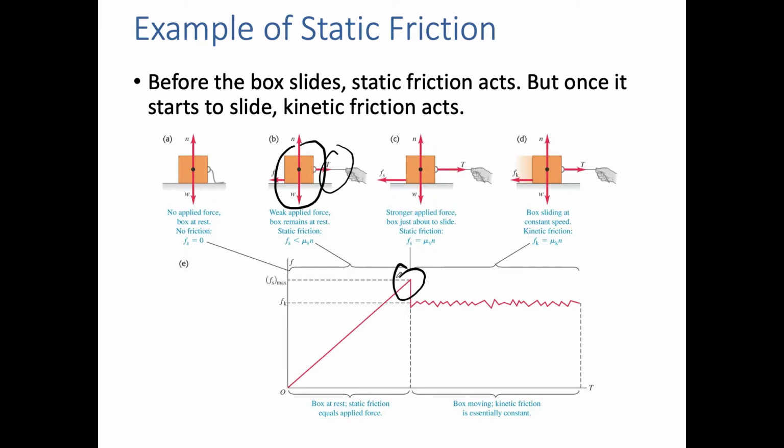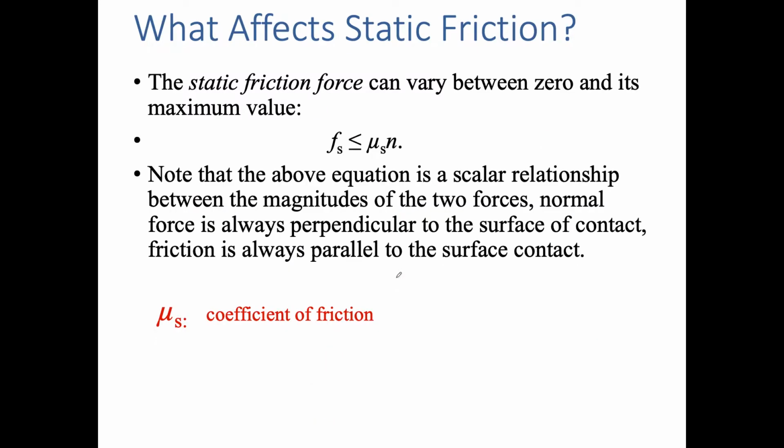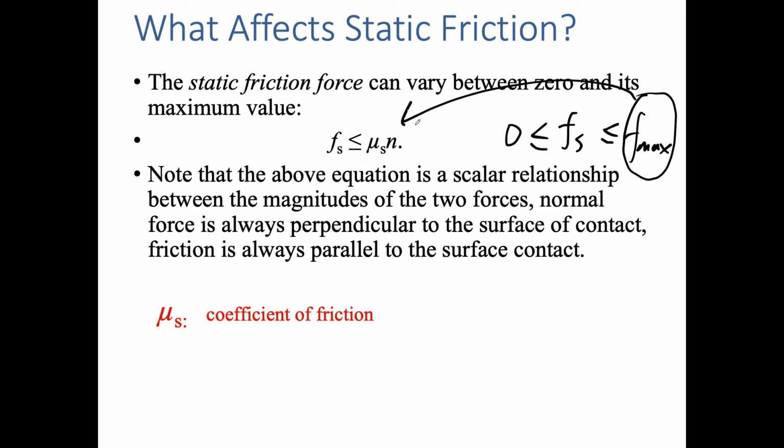And now if the pulling force is larger than this maximum value, then the block is going to start to move. So static friction can be anywhere between 0 and a maximum value. And for this maximum value, we have an empirical equation.